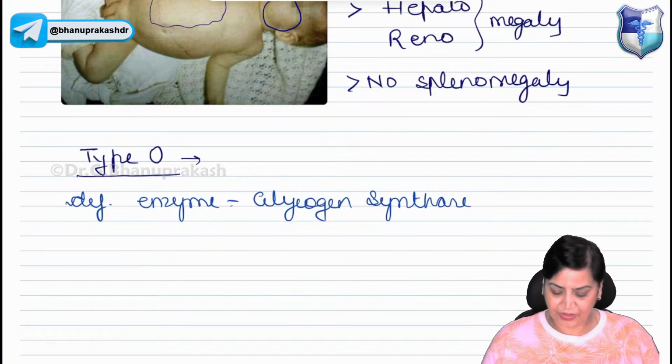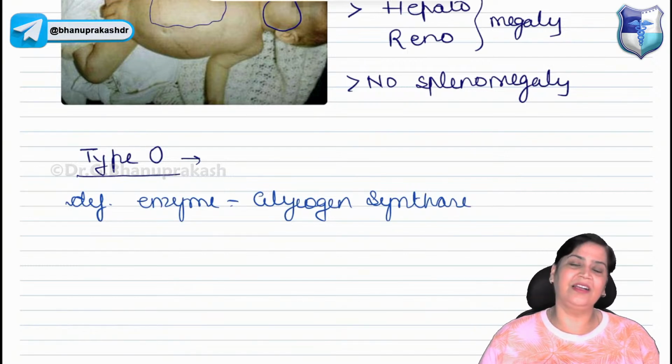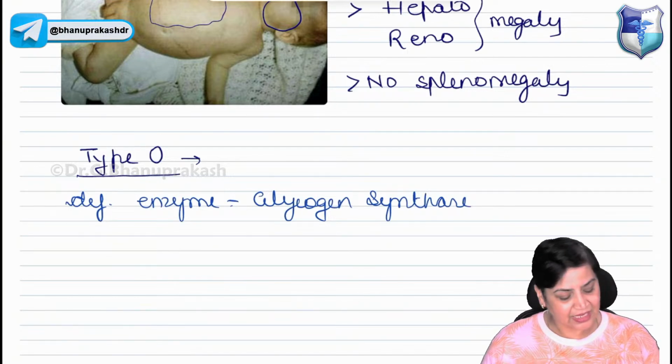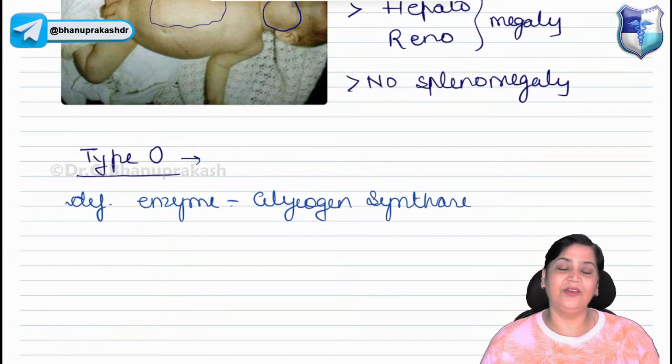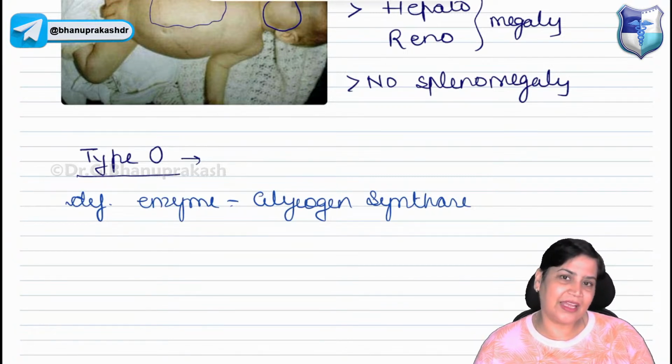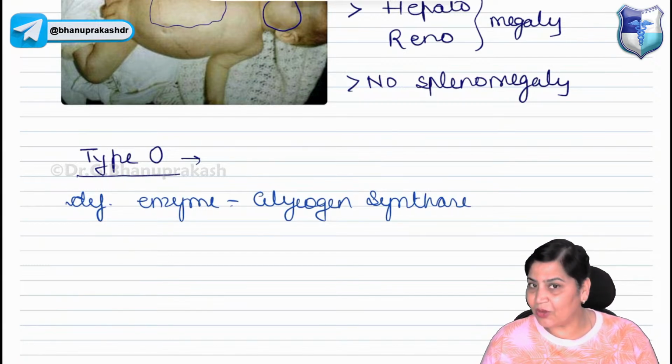Okay. So in type 0, the deficient enzyme is glycogen synthase. So obviously glycogen is not synthesized. So the storage form of glucose is not synthesized. So from where will the infant get the energy? Because if glycogen is not stored, there is no question of breakdown of glycogen.